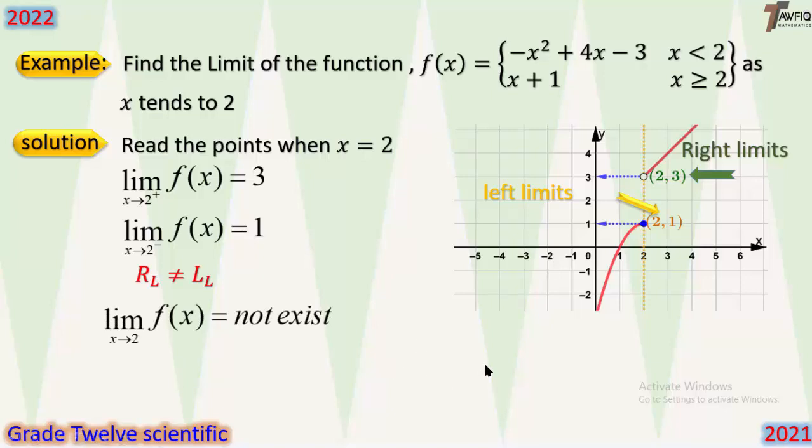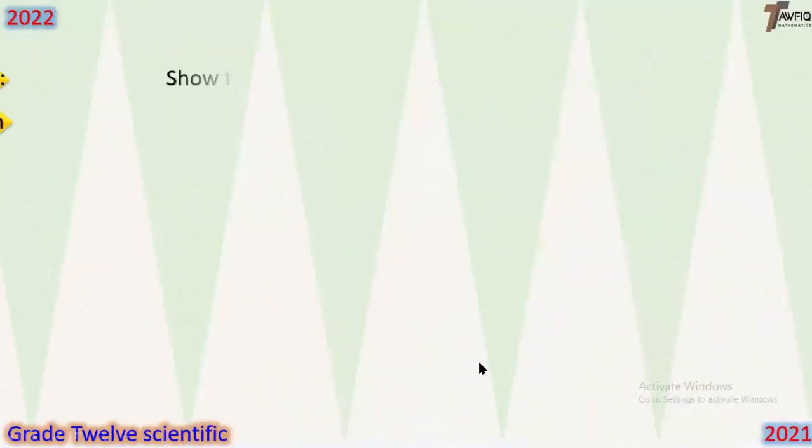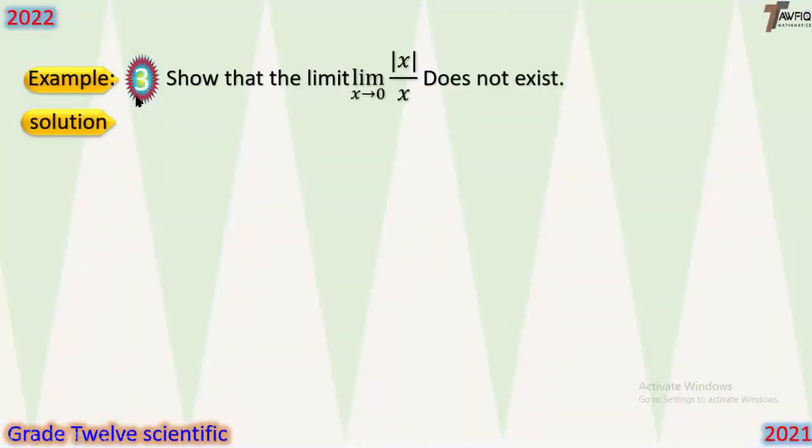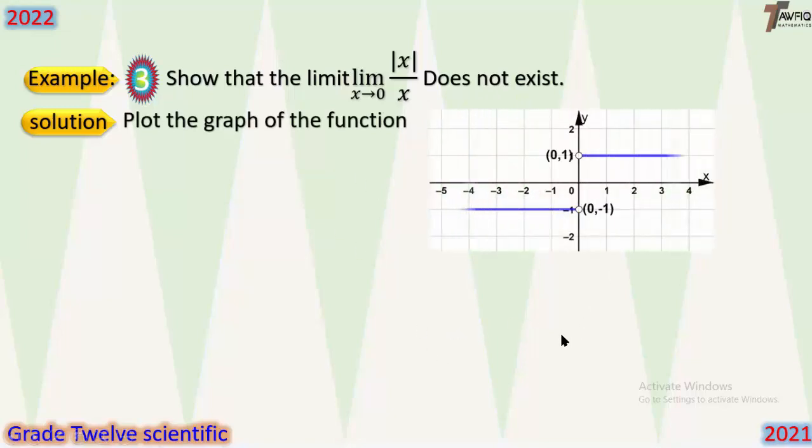Varied behavior. Example 3 from your book shows that the limit as x approaches 0 of the absolute value of x over x does not exist. Plot the graph of this function like this. As you can see, when x is 0 we have 2 gap points here. This one is 0, minus 1 and this one is 0, 1.